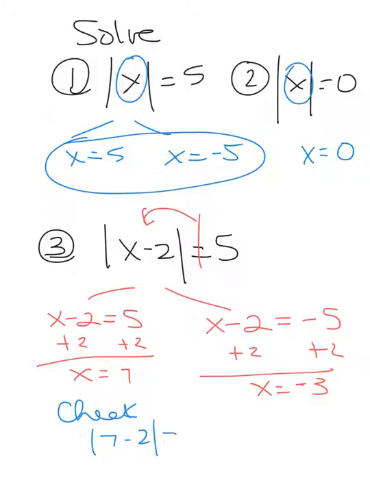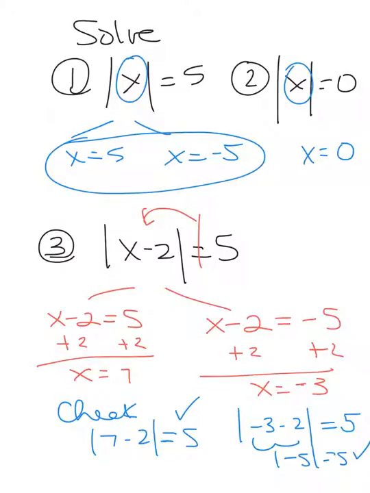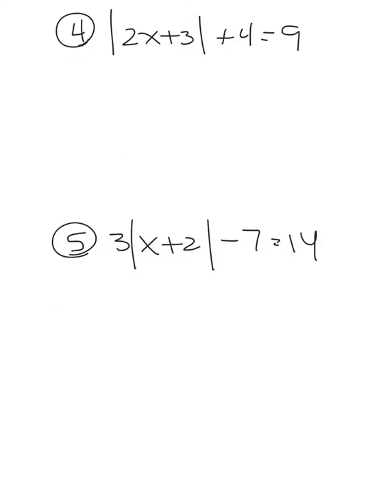I have 7 minus 2 in the absolute value symbol, which is 5, equals 5. That's true. And when I check my other equation, I have -3 minus 2, and the absolute value is equal to 5, which is true because this gives me the absolute value of -5, which is 5, so I'm good. So I know both of these answers are correct.